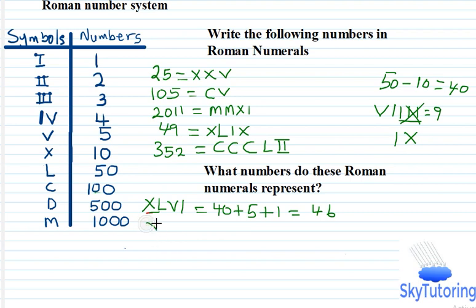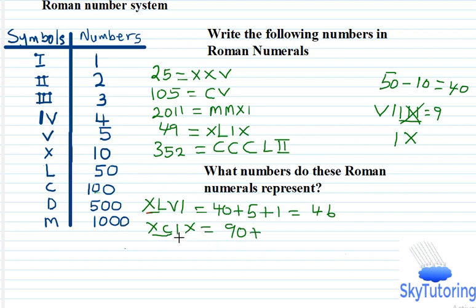So we have XCIX. All right, XCIX. So we have a smaller symbol before a bigger symbol. So that means these two symbols are one number. All right, so C minus X. So subtracting X from C, which is 100. So 100 minus 10 will give us 90. All right, so I'll write my 90 plus IX.